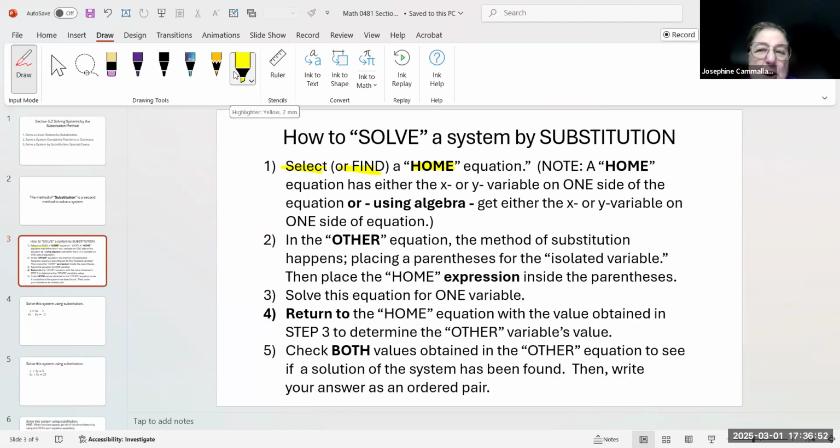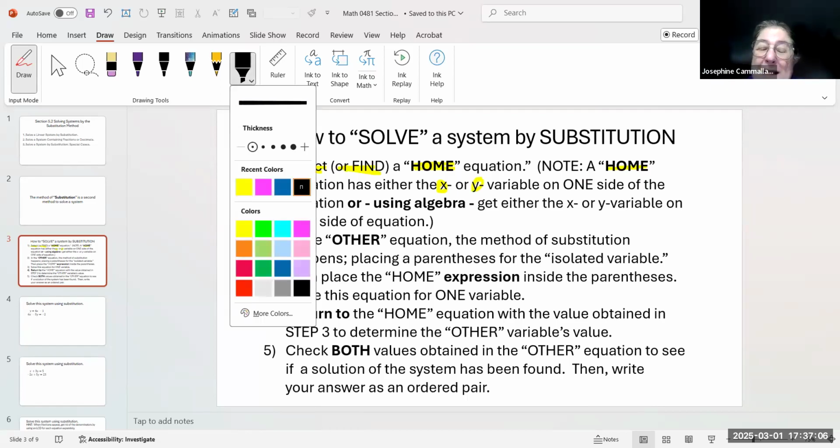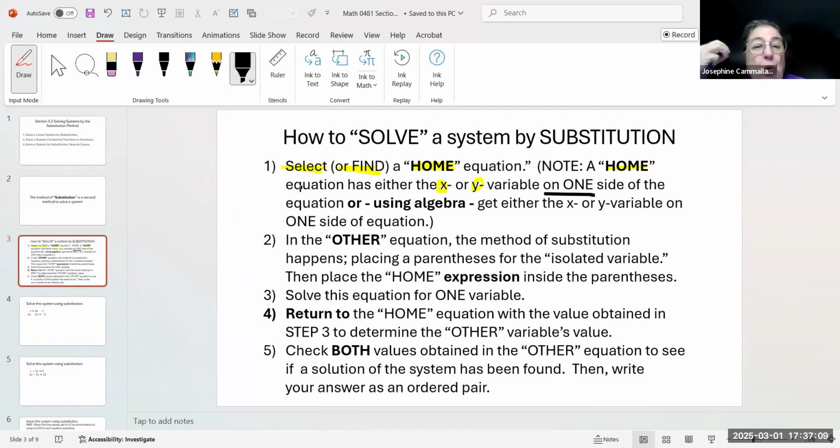Now, the home equation is going to have either x or y. Does it matter which variable? No. On one side of the equation, and this is the crucial part, on one side. So if they don't, we're going to put it on one side. Then, in the other equation of the system, we're going to place a parentheses for the isolated variable, and then place the home expression inside the parentheses.